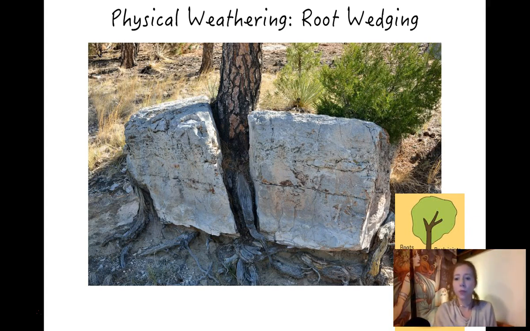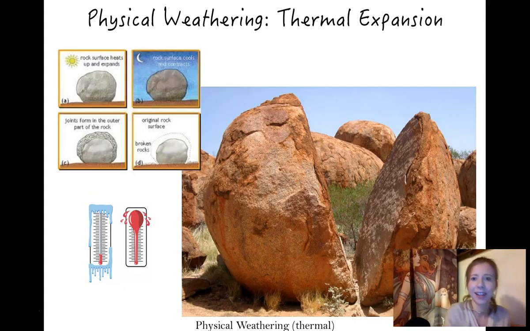Then we have root wedging. So here we have a plant or a tree that physically grows through a weak spot or joint in the rock and pushes it further apart. That is root wedging.